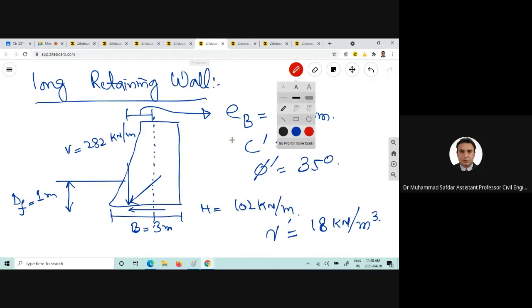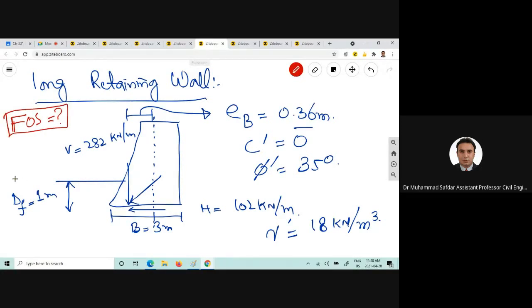Okay, so we need to find out the factor of safety for this long retaining wall.